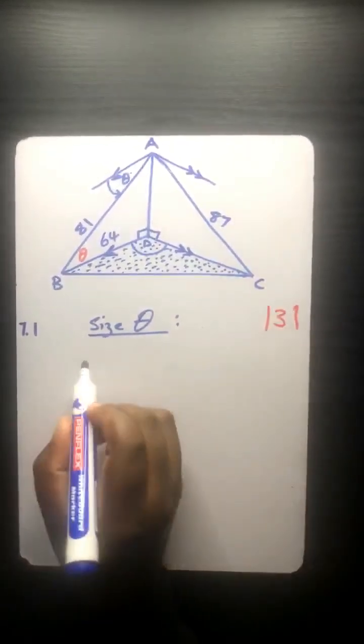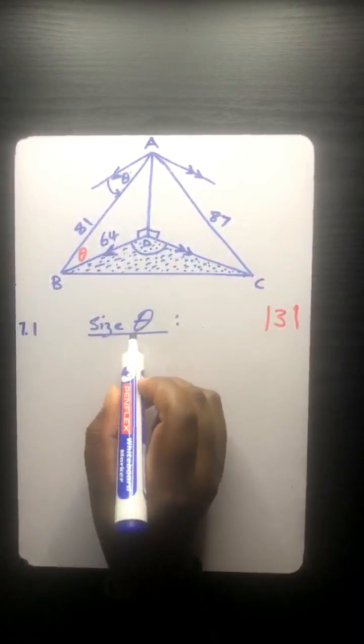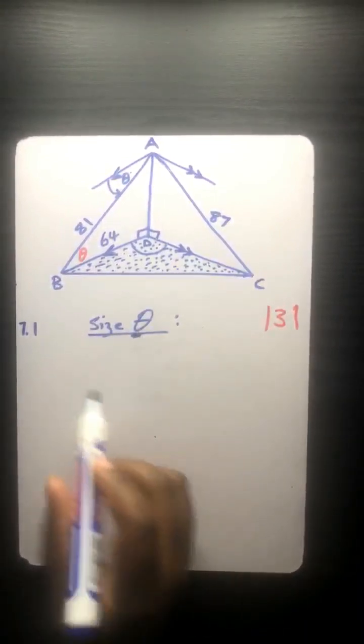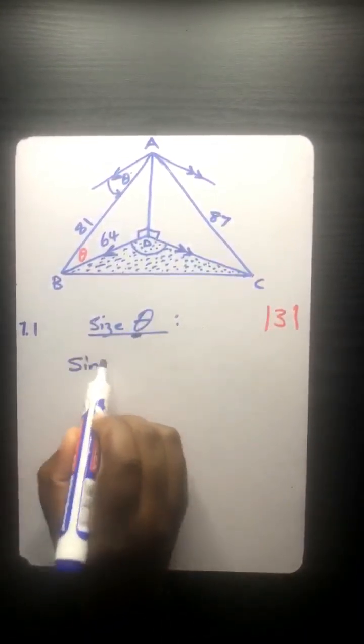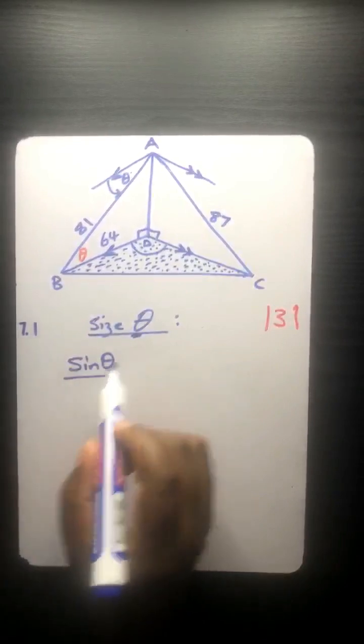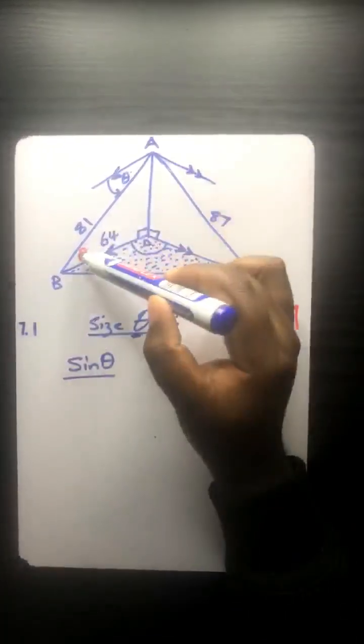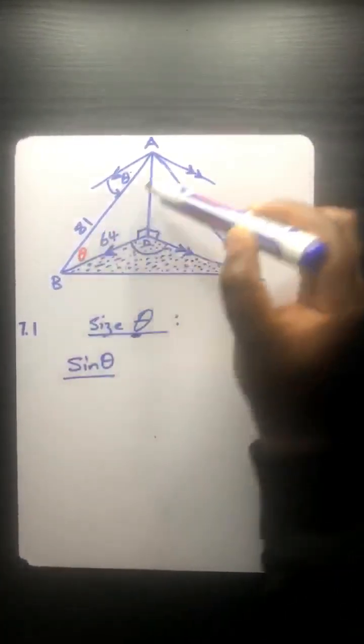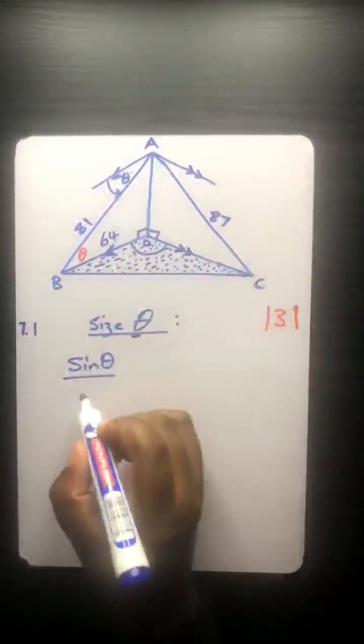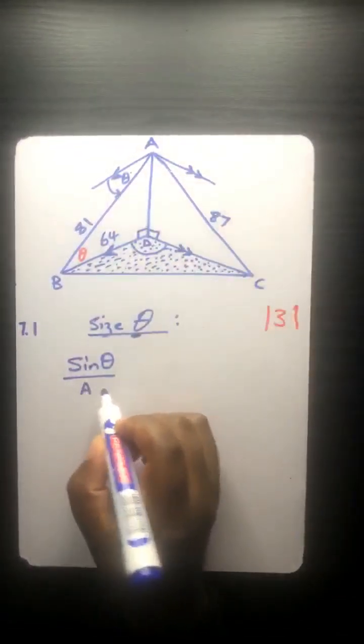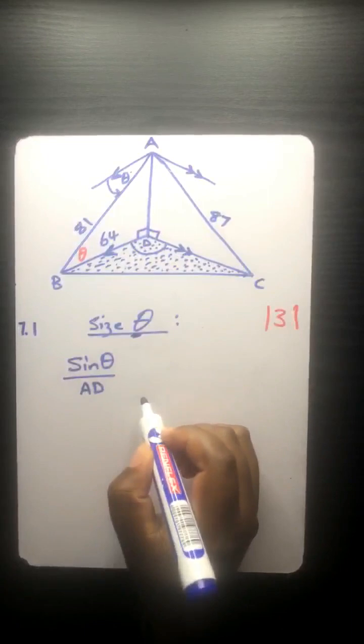Since we're looking for an angle, I'm going to start with sine as the numerator: sine of an angle over its opposite side, being AD.